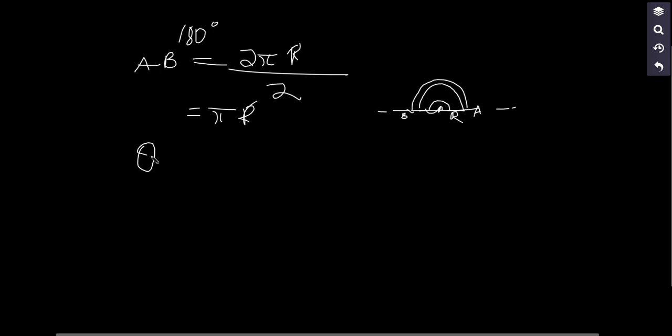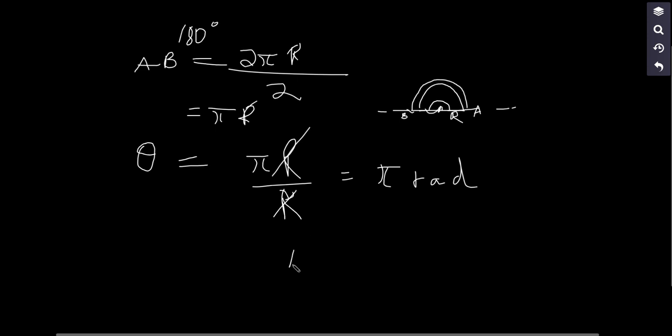Now theta is equal to arc length by radius, that is pi r by r. Let's cancel r, theta is pi rad.